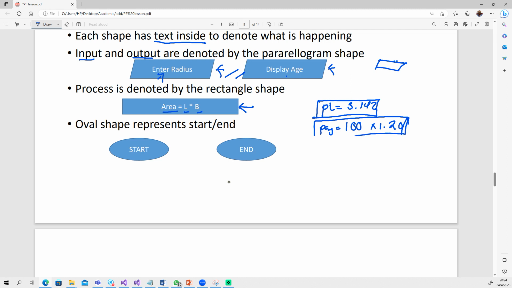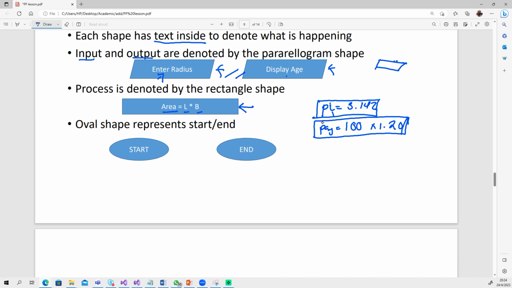So anything that involves something being computed, like in this case, we're computing how much you pay. Here we're assigning the value of pi, just like here we're trying to find the area. Anything which has to do with something being computed will always be denoted by the rectangle shape.